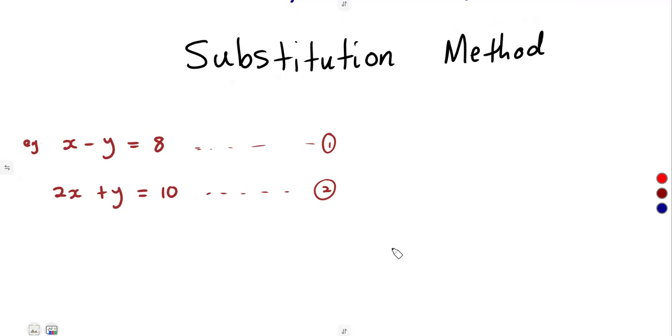Okay, what you can do is that since you've got two equations, you choose of the two equations, which one are you going to use? And from that equation, you make either x or y the subject.